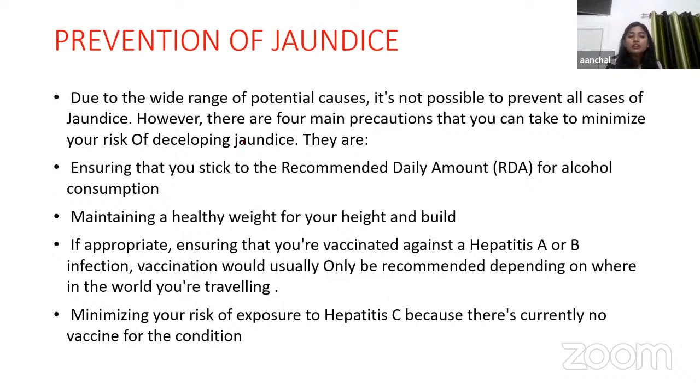Ensuring that the person sticks to the recommended daily amount of alcohol consumption, maintaining a healthy weight for height and build, and ensuring that the person is vaccinated against hepatitis A or B infection. Vaccination would usually be recommended depending on where in the world the person is traveling. Also minimize the risk of exposure to hepatitis C, because there is currently no vaccine available for hepatitis C. Okay, so these are the preventions.